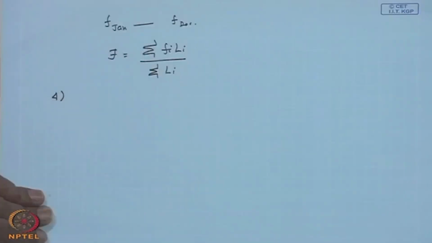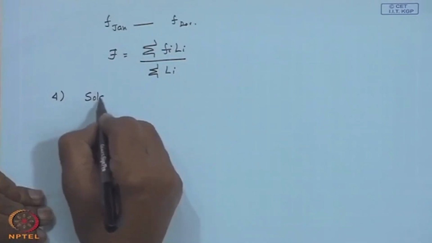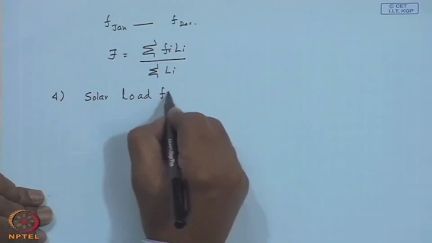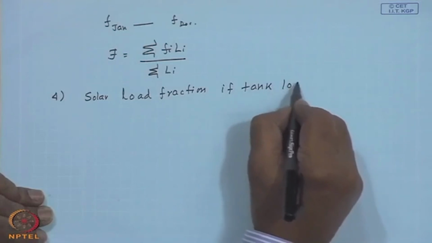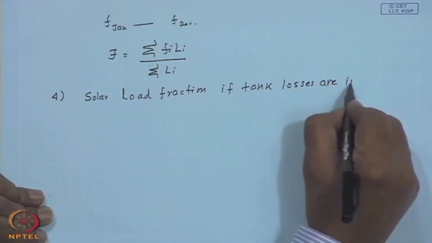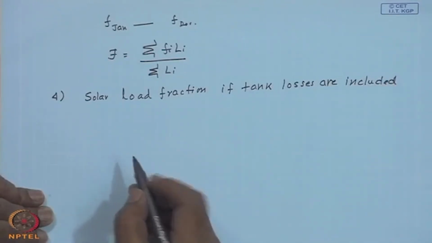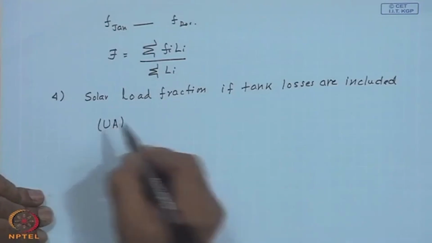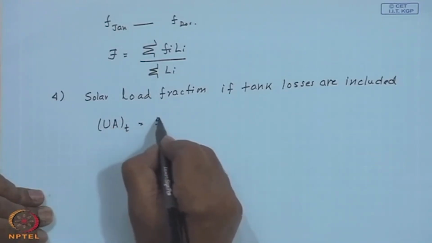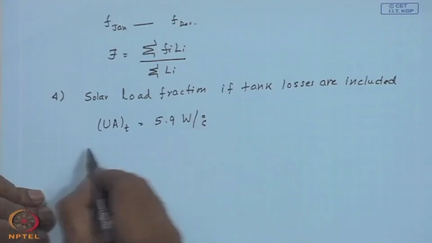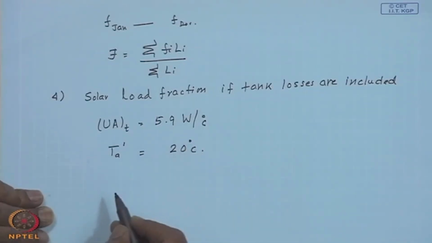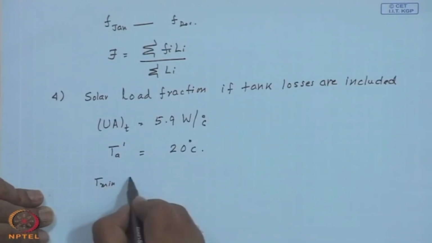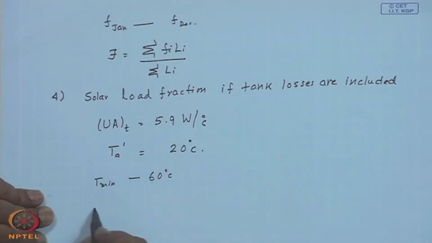4. Solar load fraction we will try to calculate, if tank losses are included, right, and given the area overall loss coefficient product of the tank is 5.9 watts per degree C, and environment or the surrounding temperature we will call it T dashed is at 20 degrees C. So, T minimum we know is 60 degrees C. So, I will assume as a first guess for the tank temperature to be 62.